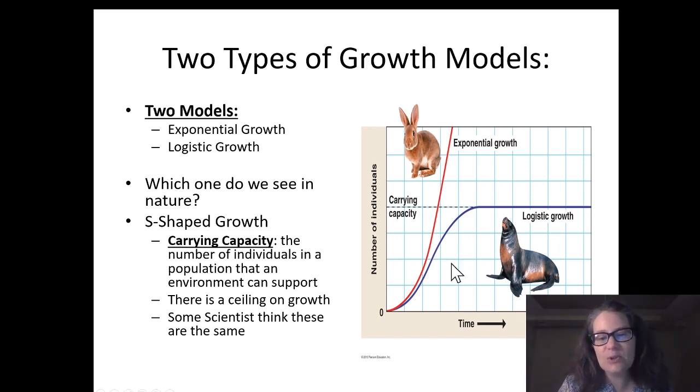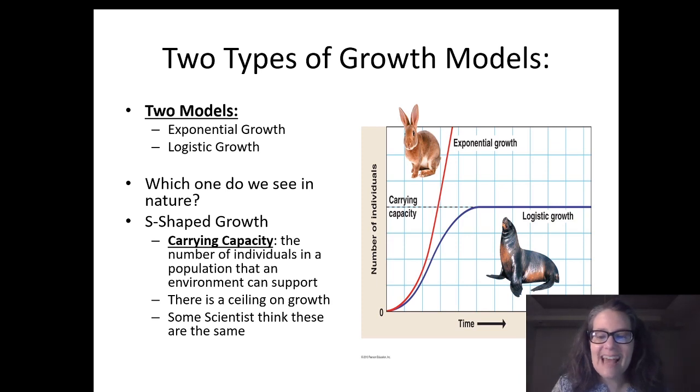So it has to do with the number of resources that are required of a population. You can imagine there's a ceiling on growth where you reach this amount of resources, whether it's water, sunlight, nutrients, food, space, breeding grounds, things of that nature. But when you reach those particular resources, then they become limited in supply, and that will make your population slow down its growth and steady out.